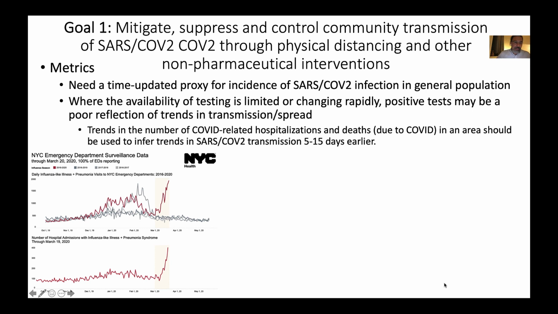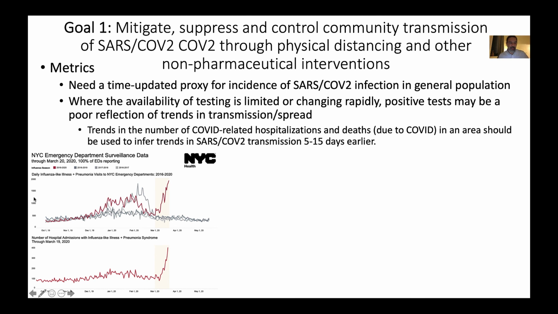And in fact, the New York City Health Department has a really good system in place to monitor these kinds of things, called syndromic surveillance. They monitor trends in emergency department admissions for influenza-like illness and pneumonia, which is not the only way that SARS-CoV-2 presents, but it is one major way.